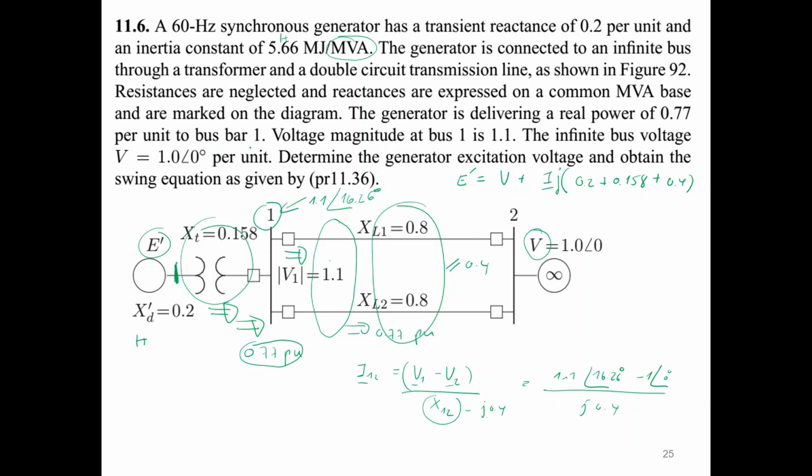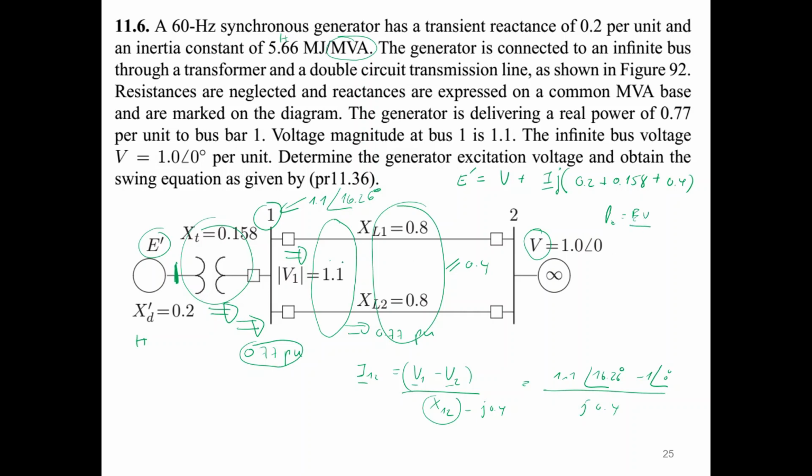If this runs steadily, it means that PM is equal to PE. So before the disturbance, PM and PE should be equal. So PM is 0.77 minus PE. PE itself is E times V over the total impedance.